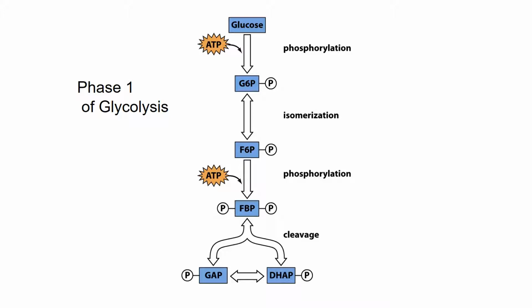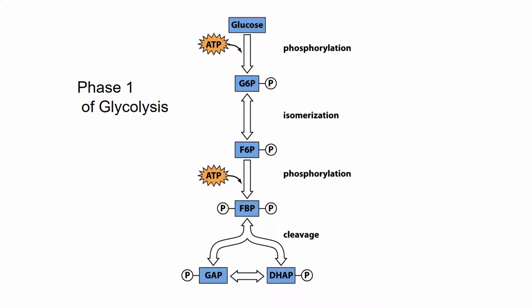In the second step, we have an isomerization. So we're going to convert our glucose to a fructose molecule that is still phosphorylated on C6. Then there's an additional phosphorylation, so that requires that second ATP. Now we have fructose 1,6-bisphosphate, so we have 2 phosphate groups.